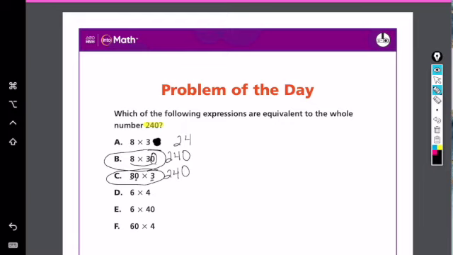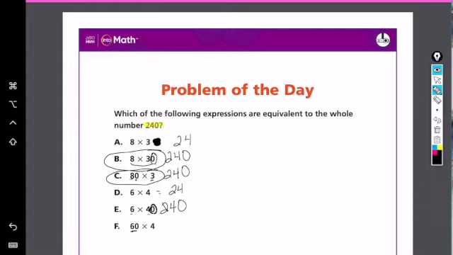I know for a fact that that is equal to 24 and not 240, so that's not one we're going to be looking at. But let's take a look at this next one. I know that 6 times 4 is equal to 24, and then, of course, we have that 0 there that we have to add on because it's 240.